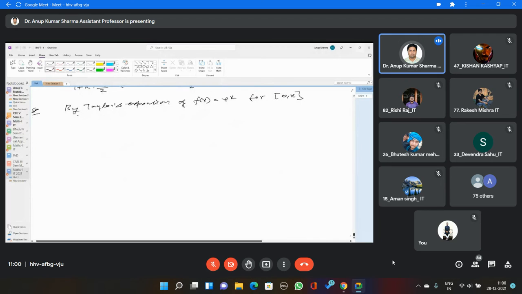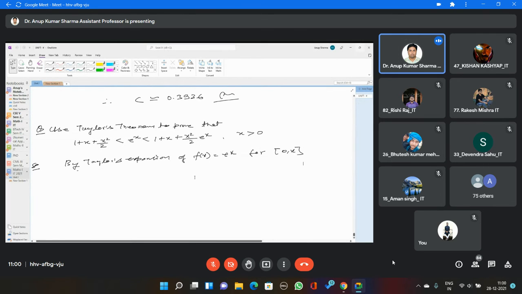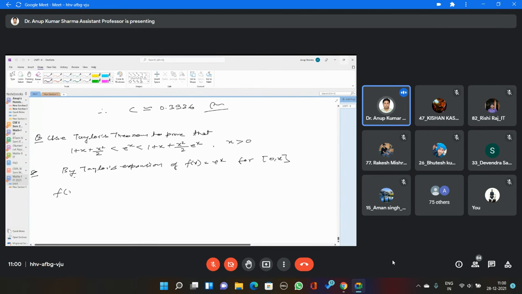It is not written about the point 0, but we have to take it. So now f of x minus 0 is x here, and f dash of 0, f double dash of 0.